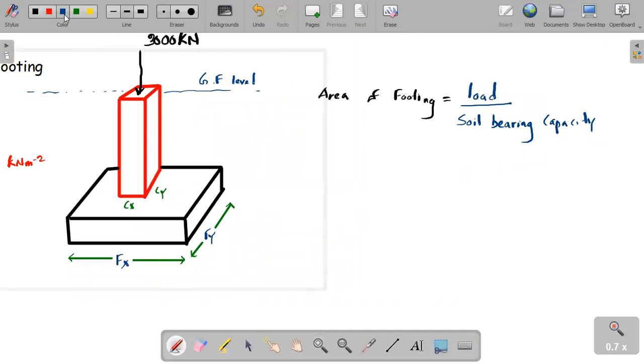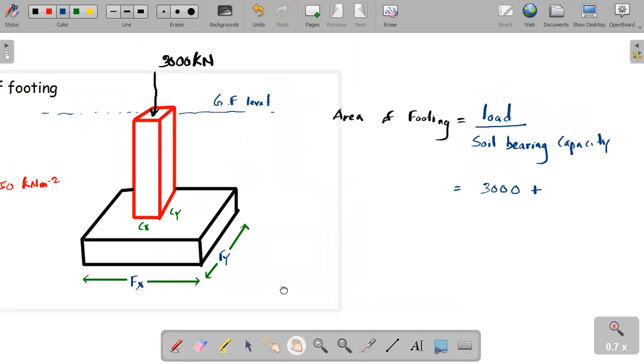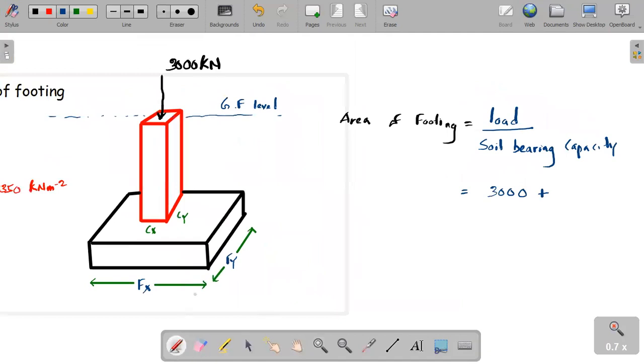So the area of the footing should be equal to the load. The load they have given is 3000 kilonewton, but keep in mind that for our safety factor, we should add 10% of the design load. After the design, the load may vary according to the usage of the building.